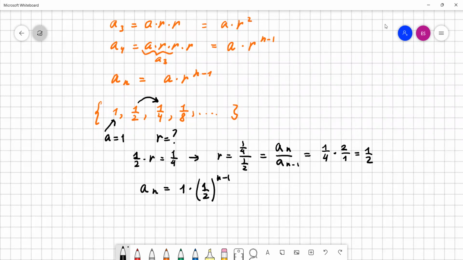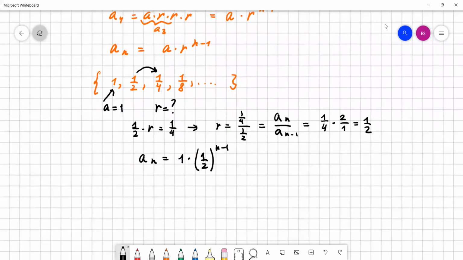Okay? Let me give you another example of a sequence. I want you to figure out what R is going to be. For example, 5, 15, 45, and so on. What is R here, and what is the formula for term n?